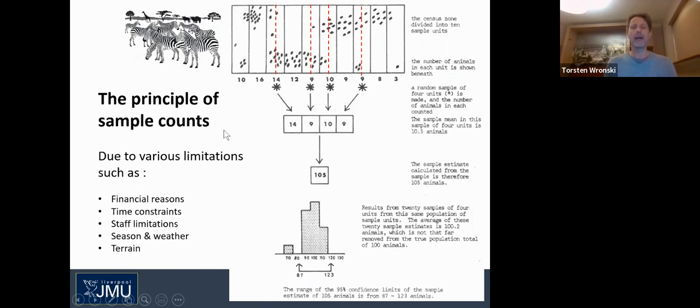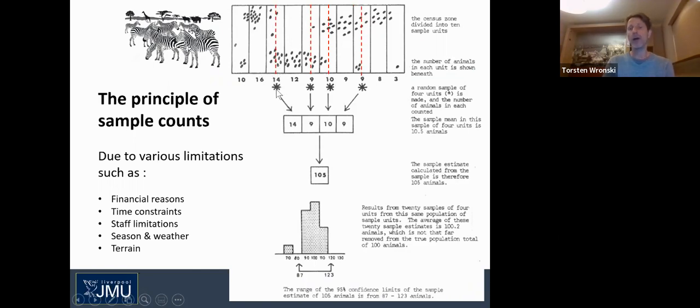And that's why we scientists usually use a subsample, a sample count, which is representative of the total area. In this case here, we have a total area subdivided into 10 sections of equal size. And we choose 4 of them to carry out our sample counts. We establish transects within each sub-area and count the number accordingly.